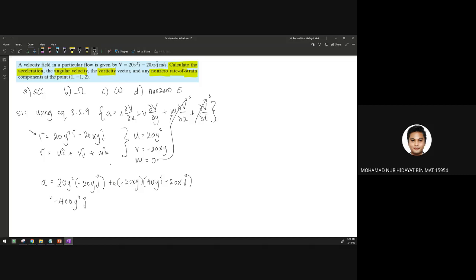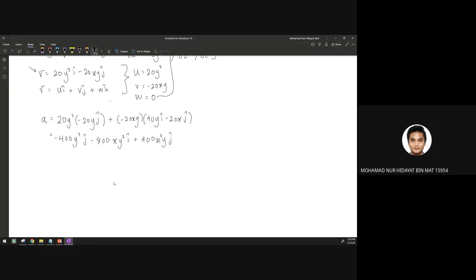Here negative 20 multiplied by 40 becomes negative 800xy squared i component, and negative times negative becomes positive 400 x squared y j.